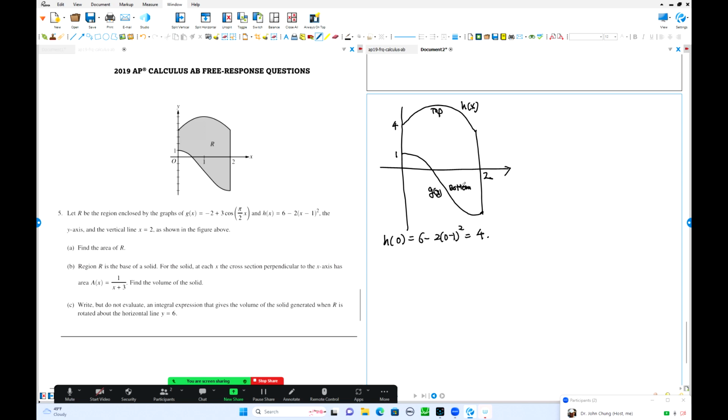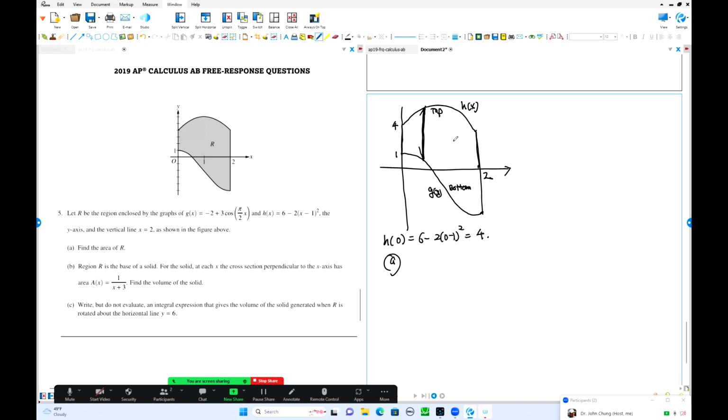All right. By definition, we're going to find the area of R. Top minus bottom, the difference at any point, times dx. We take the height over here and take the integral from here to here.